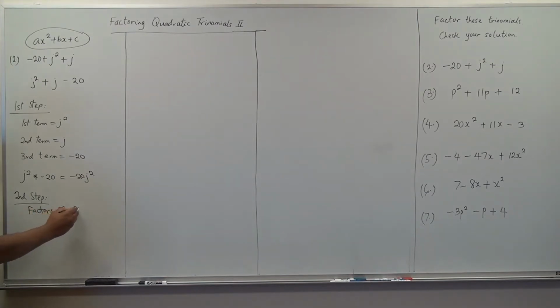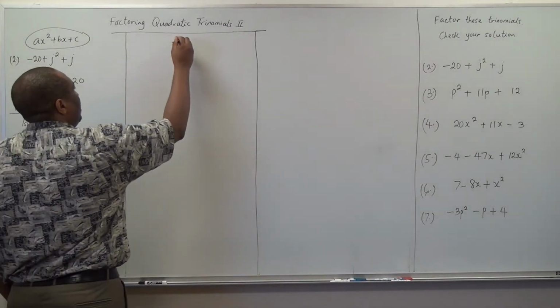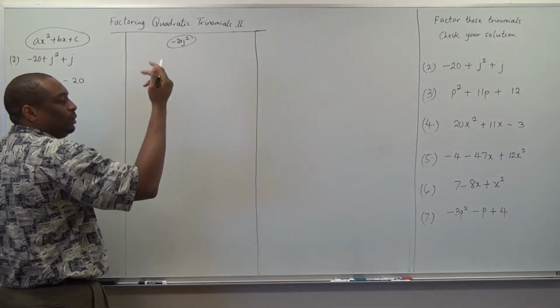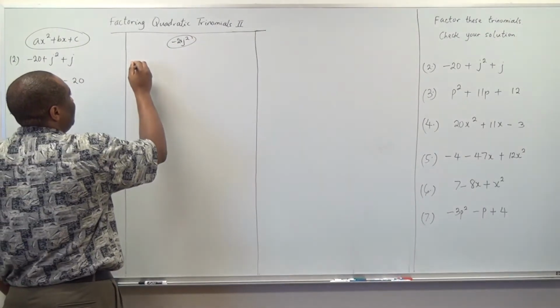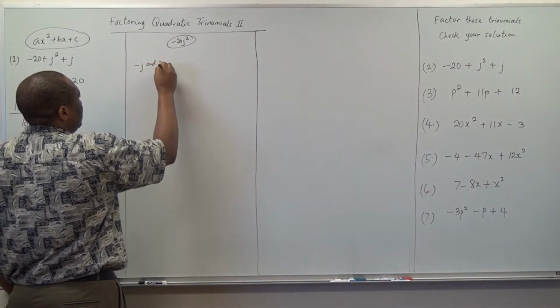Now, the second step, we want to now factor out factors of negative 20 j squared. All right, let's list the factors of negative 20 j squared. And let me list it here so that you see it. We have, let's start with 1, of course. We have a negative j and 20j.